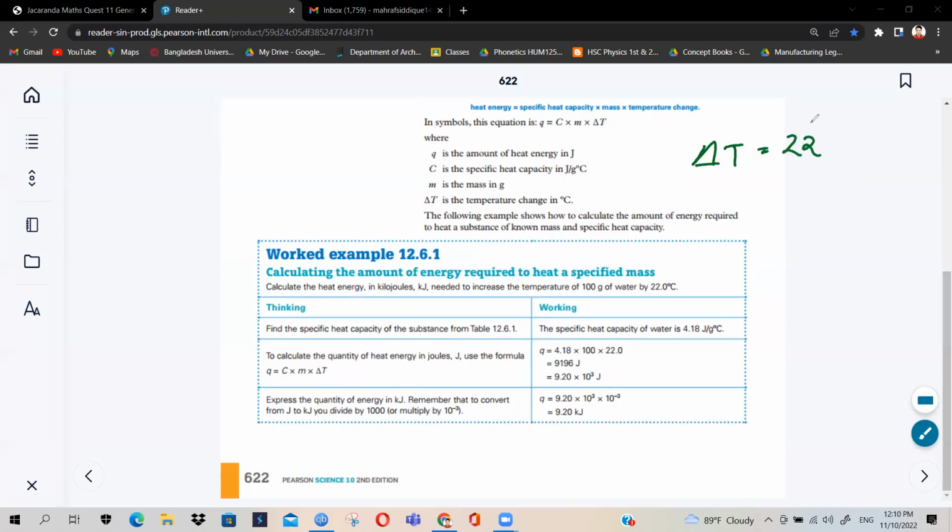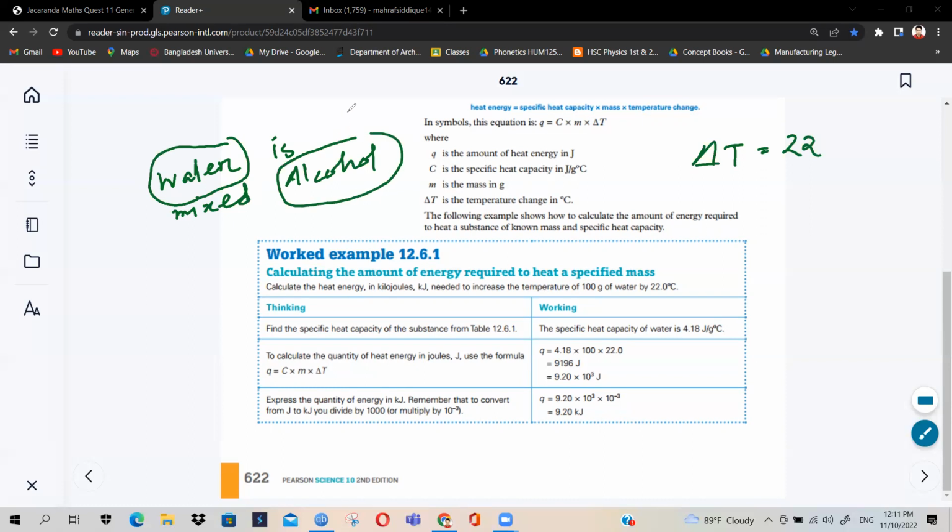Another point here I would like to make, although you won't be needing it: if you were working with different mixtures, say for instance water mixed with alcohol, in that scenario you will have to consider the temperature change of water and the temperature change of alcohol as well.